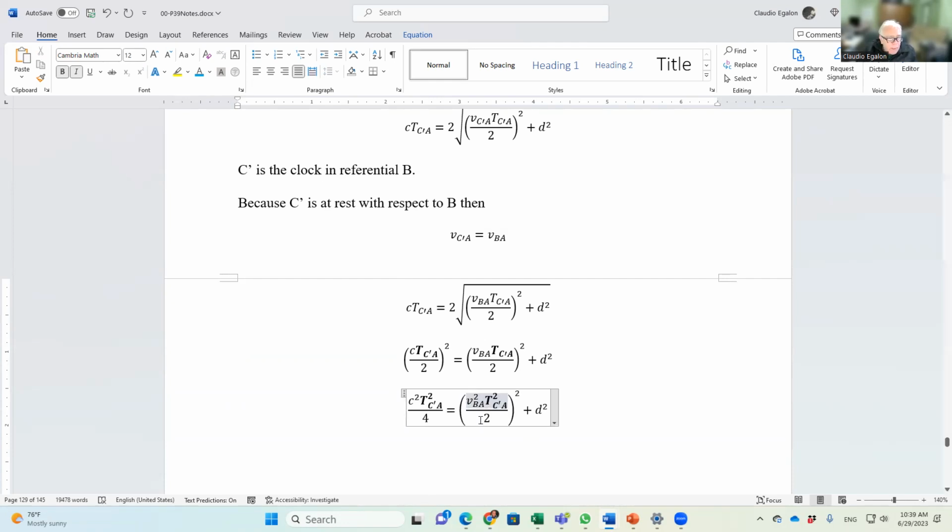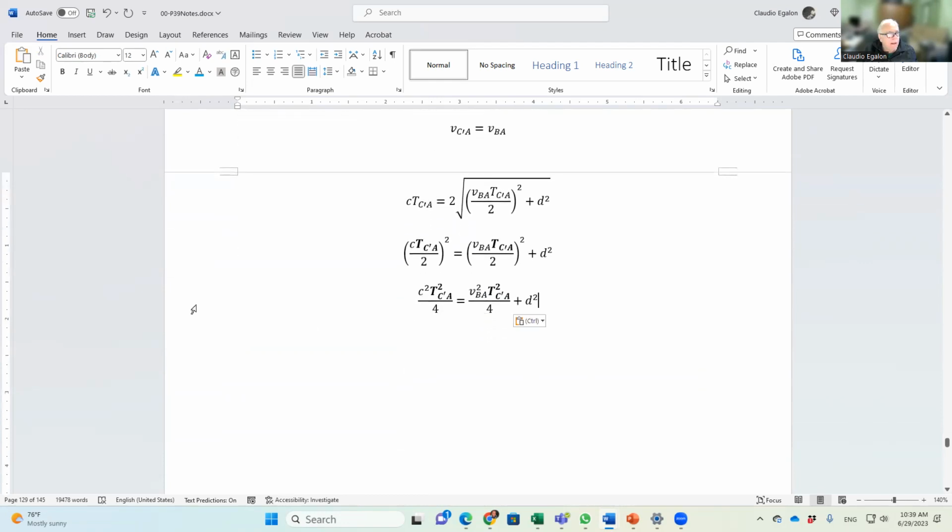Square here. And square here. We're getting there, right? I'm going to pass this term to the left, and the equal sign remains this one.